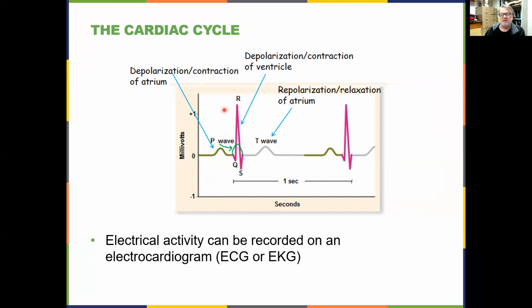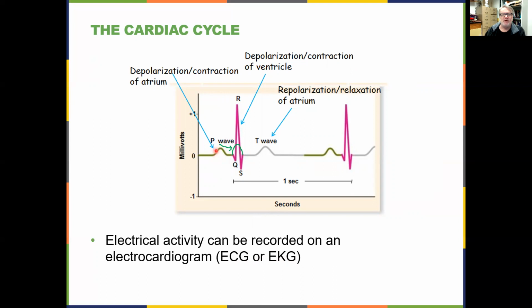This can be measured on the surface of the skin by placing electrodes around the heart and recording what's known as the electrocardiograph, either ECG or EKG, depending on whether you use the German or the English spelling for cardio. The different waves have to do with the contraction of different parts of the heart.